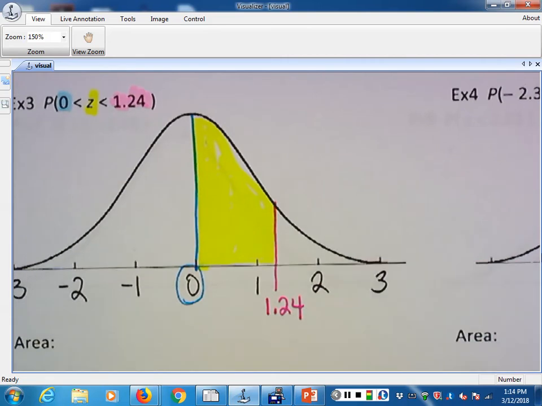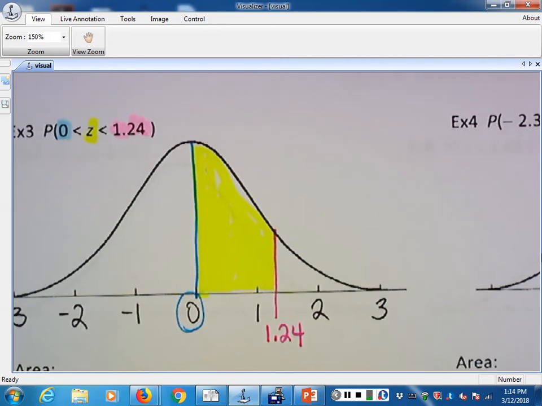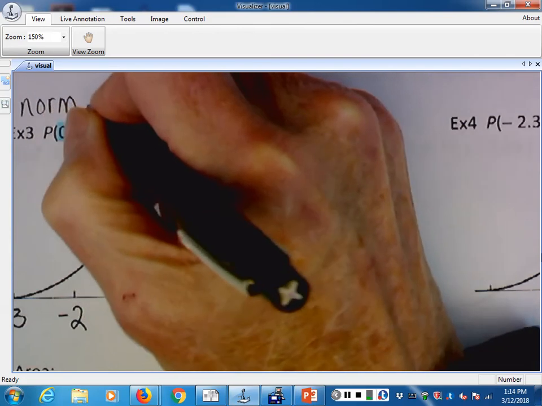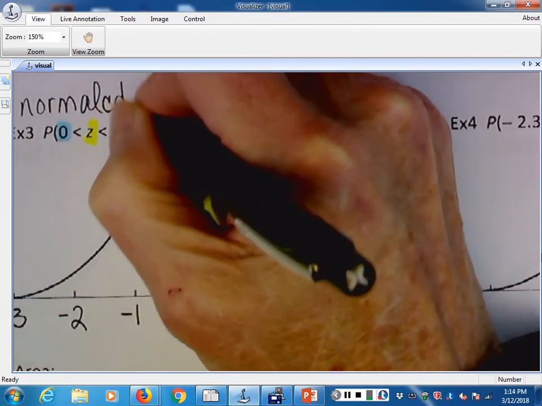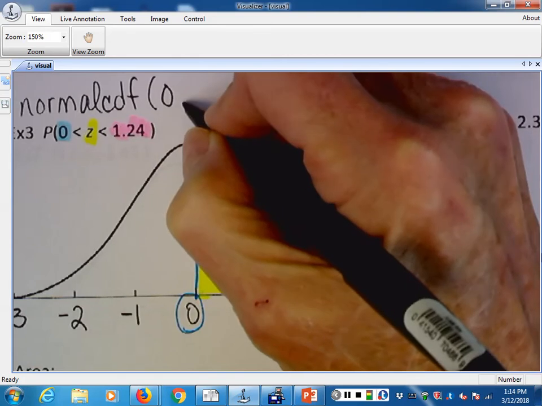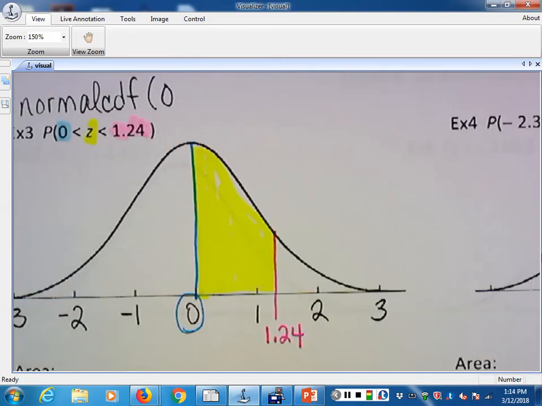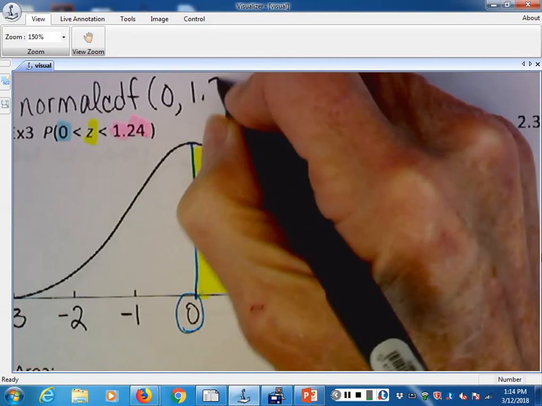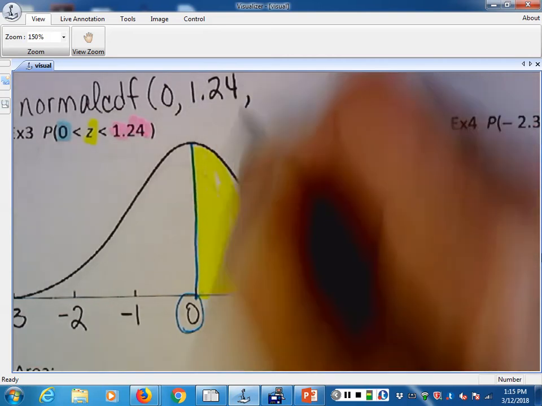So our command, normalcdf, 0 is where we start. 1.24 is where we stop.